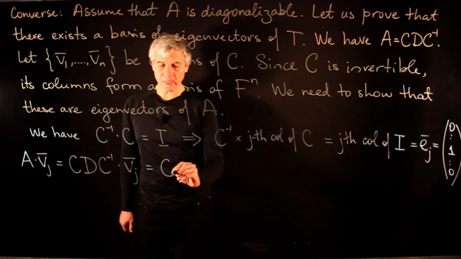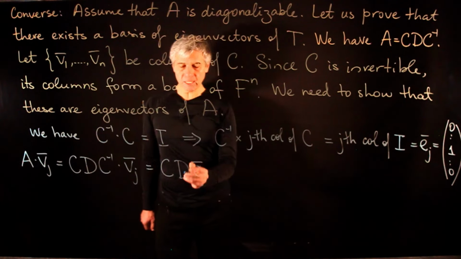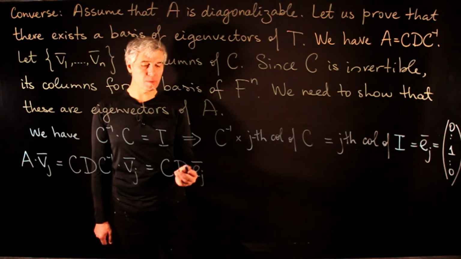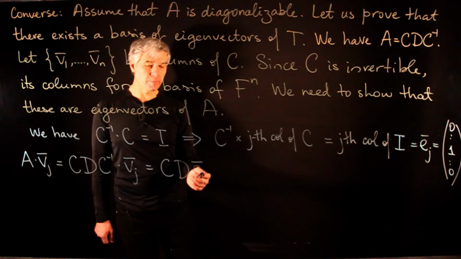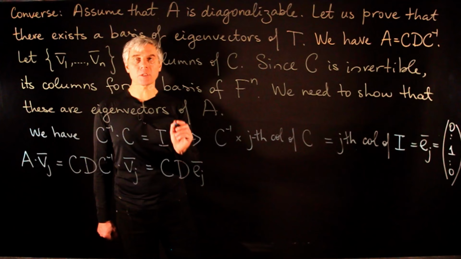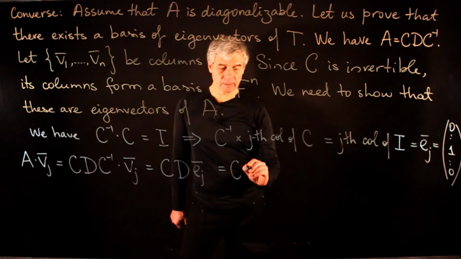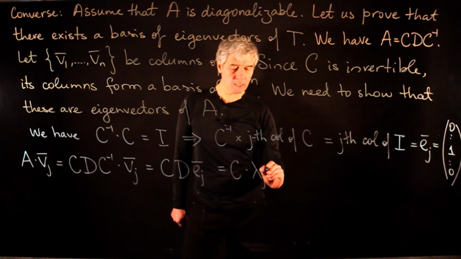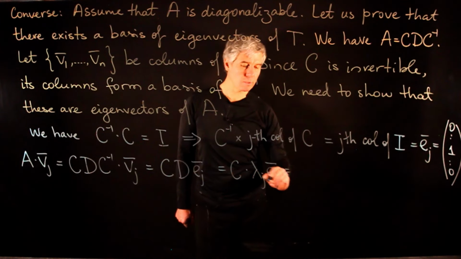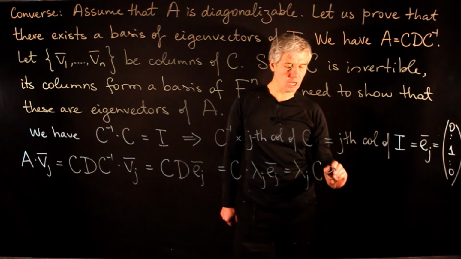So we have C times D times Ej. But D is the diagonal matrix, and so when we multiply Ej by the diagonal matrix, it's getting multiplied by the corresponding entry on the diagonal. So this is C times lambda j Ej, which is equal to lambda j times C times Ej.